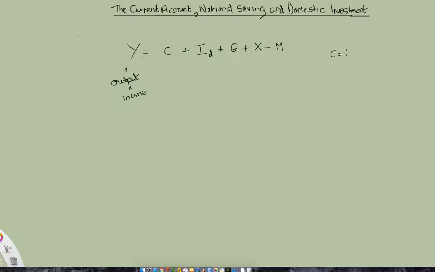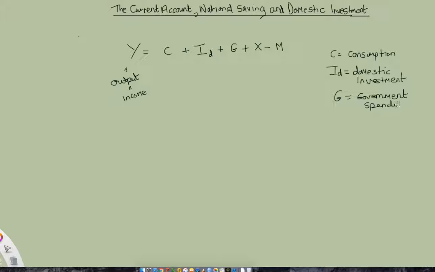So we got C equals consumption, ID is domestic investment, and then G is government spending on goods and services, net of transfer payments, of course.